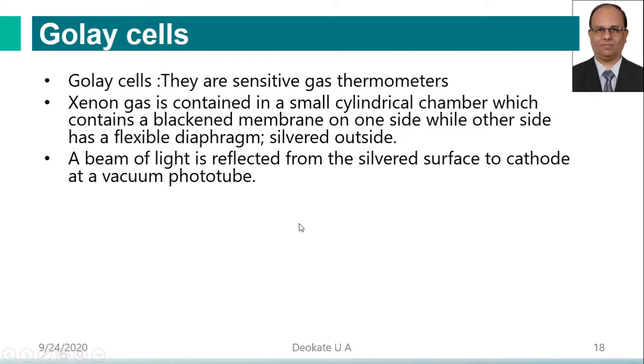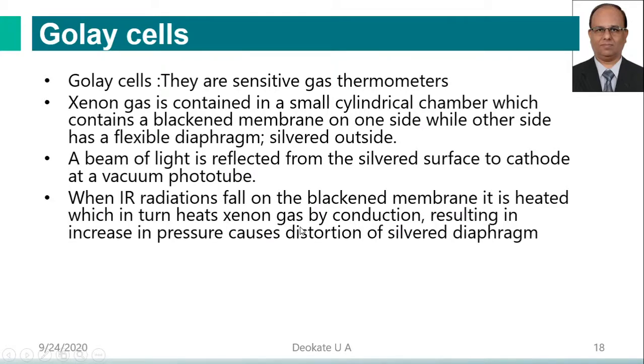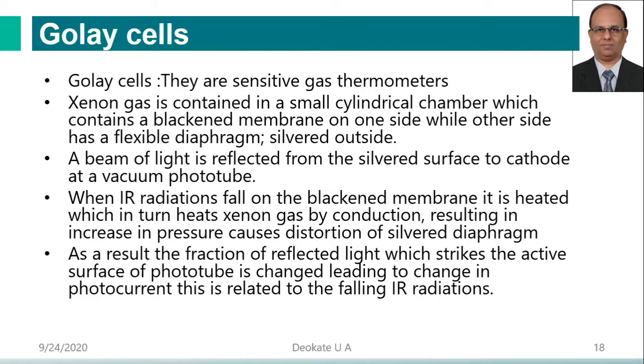A beam of light is reflected from the silvered surface to the cathode of a vacuum phototube. When IR radiation falls on the blackened membrane, it heats the xenon gas in the cylinder, causing the gas to expand and exert pressure on the silver diaphragm. How much pressure is exerted is equal to the radiation falling onto the surface. As a result, the fraction of reflected light which strikes the active surface of the phototube changes, leading to a change in photocurrent. This is related to the falling IR radiation. So it is used as a Golay cell.